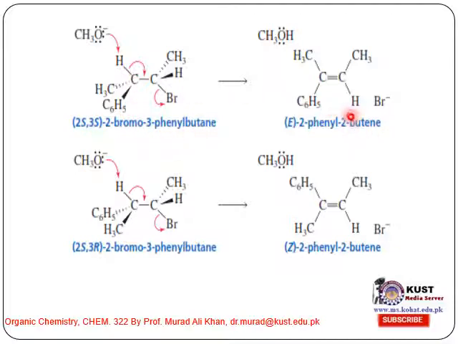In this case, we have no choice to get the Z isomer, because on this carbon there is only one hydrogen which can be removed, and we will get exclusively E-2-phenyl-2-butene. But in this case, 2S,3R-2-bromo-3-phenylbutane, we have only one choice of removal of this hydrogen, and we will get exclusively the Z product.